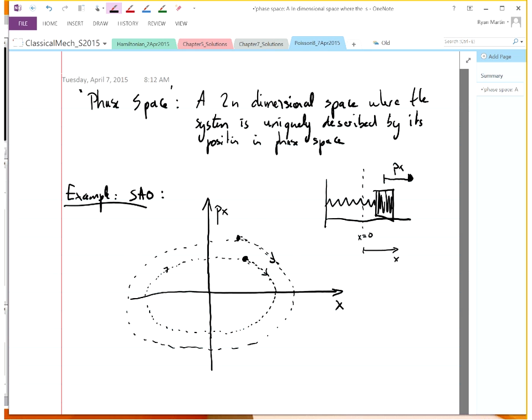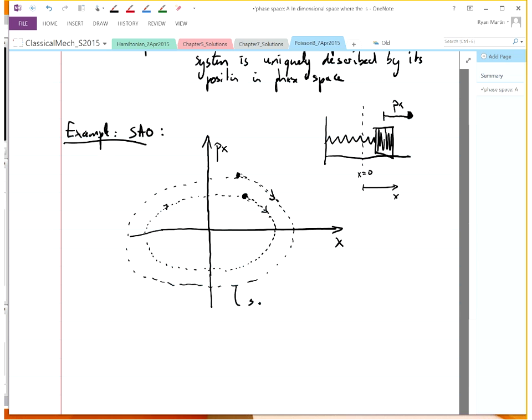So the shape of the path, so in this case an ellipse, is determined by the value of the Hamiltonian. So the simple harmonic oscillator has a Hamiltonian that we saw last week, which gives rise to elliptical paths in phase space.